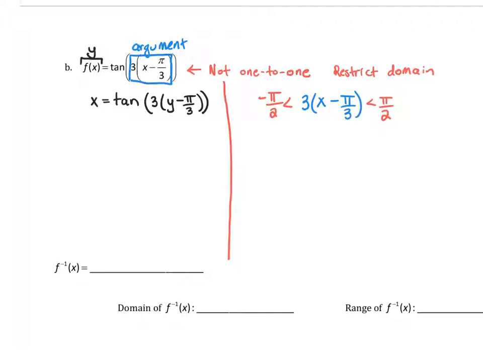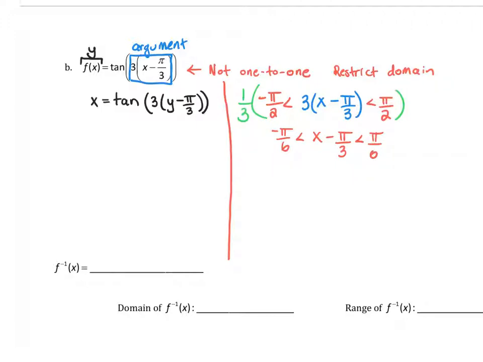Then I just need to solve this inequality. So the easiest way to solve this inequality is to divide both sides by 3, in other words, multiply by 1/3, which gives me negative pi over 6 is less than x subtract pi over 3 is less than pi over 6.